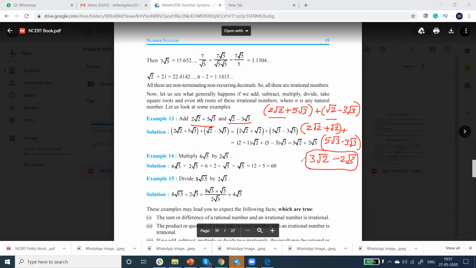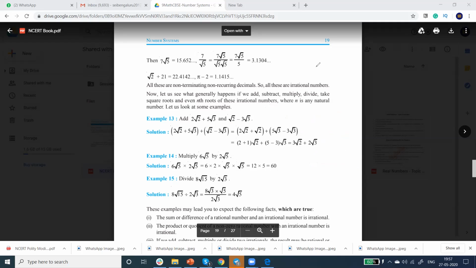Got my point? Can you tell again? Yes, I'll repeat once again. This is the first term, 2 root 2 plus 5 root 3, which should be added to the second term, root 2 minus 3 root 3. In the first term and second term, 2 root 2 plus root 2 we can add, right? Similar numbers.